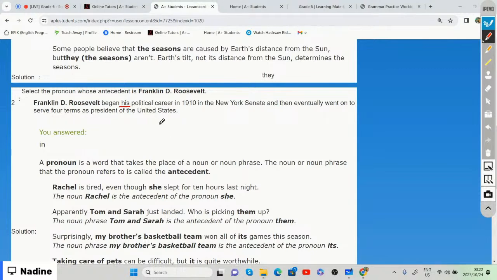His is the pronoun, and our antecedent is Franklin D. Roosevelt.